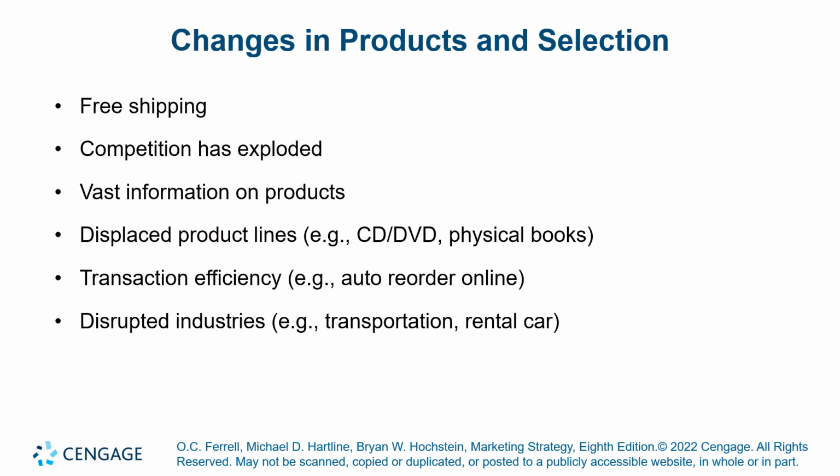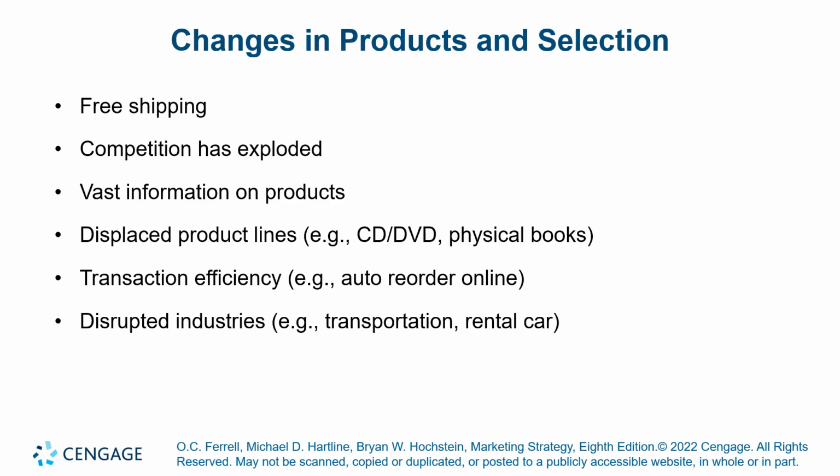Also, there are changes in products and selections. Many marketers offer free shipping. Free shipping is becoming more and more like a standard feature, like on Amazon. We're spoiled by this free shipping.